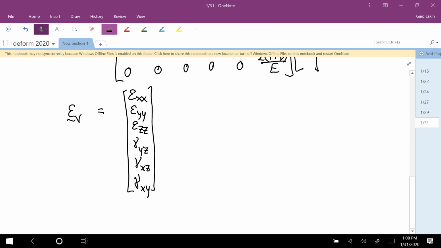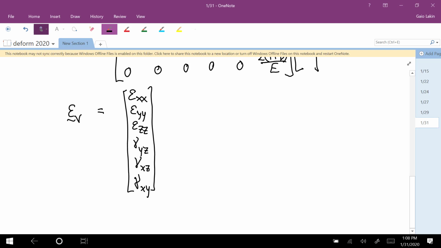For the shear strains, you have to use these different variables. These gammas are different than epsilons, because there's another way to measure strain that you call epsilons. So the way we're doing it is this. It has to be that.